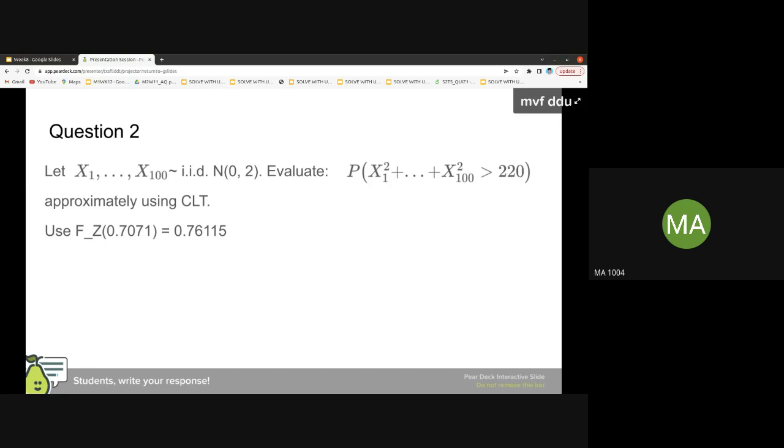Treat this as a random variable now. Find the expected value and the standard deviation of this. Subtract the expected value and divide by the standard deviation. You will get something on the right side, and you convert it into the CDF of the standard normal. So usually this will be the trend.